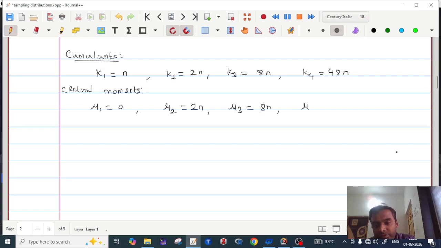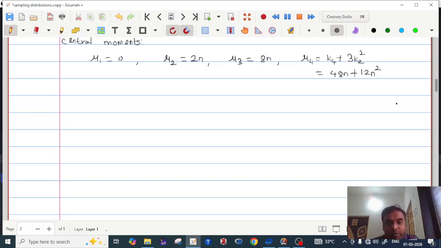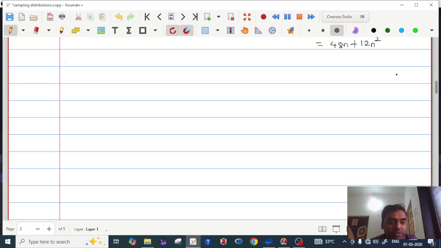And mu4 is equal to k4 plus 3 times k2 square. So if you solve this, you will get 48n plus 12n squared. And with the help of these central moments, we can find out the coefficient of skewness and kurtosis.